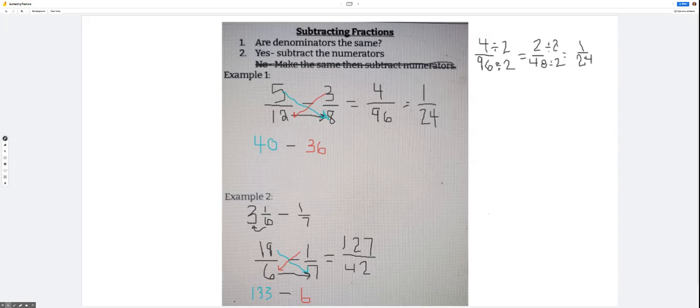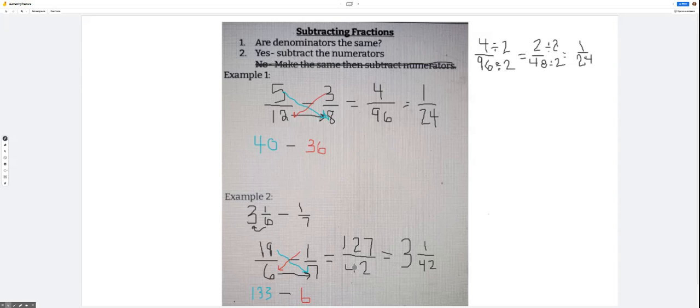If you're using the calculator, you do 127 ABC 42, and it's going to say 3 and 1/42. Now, if you do not have that ABC button, I need to show you what to do.